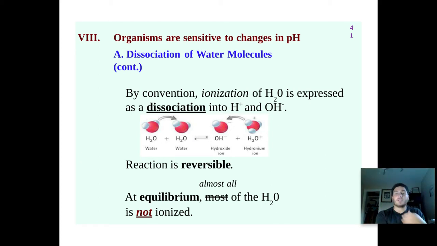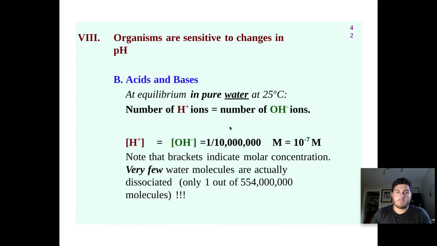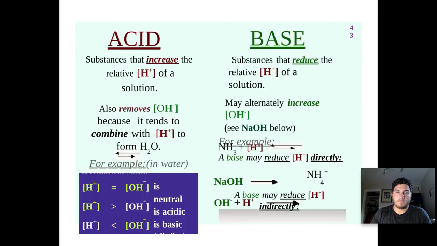So what I'm trying to say is this. If you add hydrogens to something, it becomes more acidic. If you add more hydroxides to something, OH, it becomes more basic. Another way you could do this: if you remove hydroxides from something, it'll become more acidic because it'll have more hydrogens since you got rid of the hydroxides.